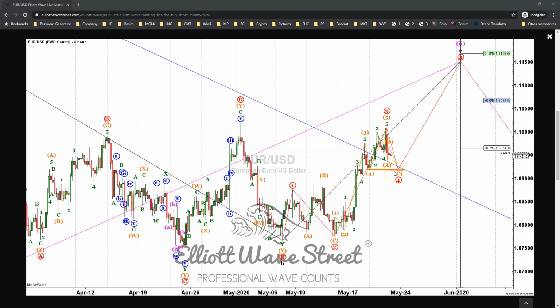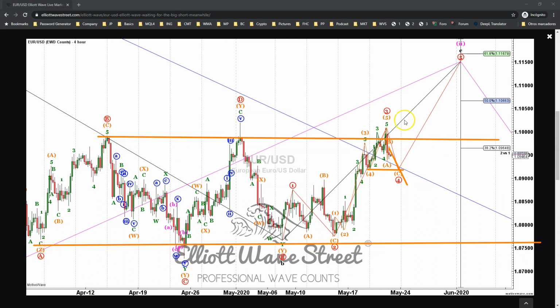That's a common target. However, on some scenarios, we have the wave 4 going deeper into the wave 3. That's possible. And we are in a pretty sideways market, as you can see. So it could very easily, the euro, come down here again, right? So this was the forecast to have that we were in the wave 4, right?